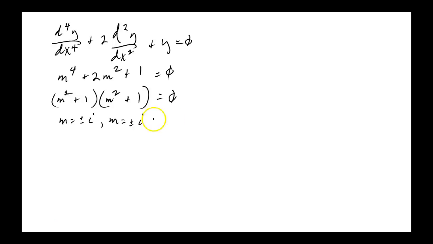So what we end up with is y is equal to, you don't have a real part on that. It's e to the 0, which is 1. So that doesn't happen. So it's C1, or would it be C2?